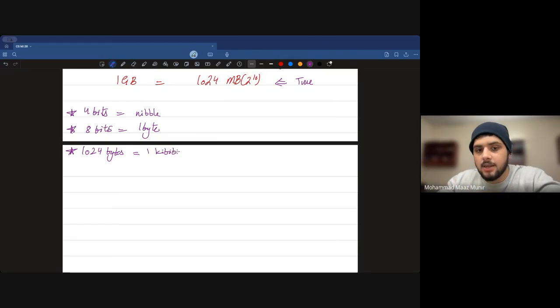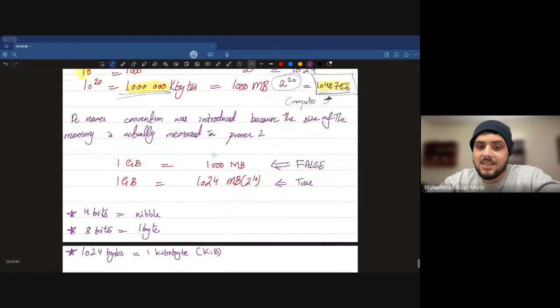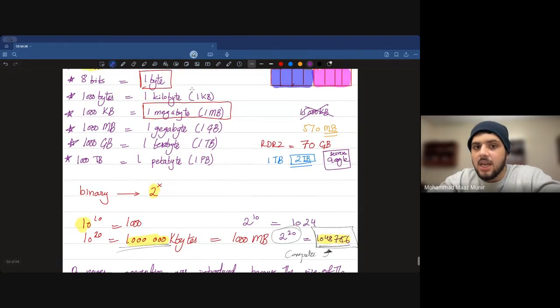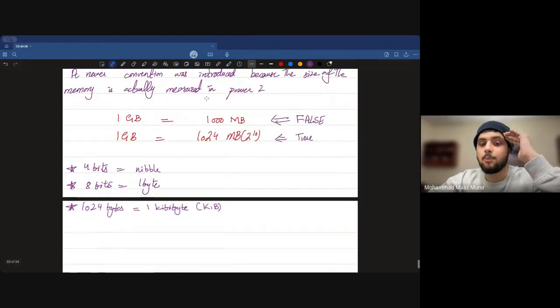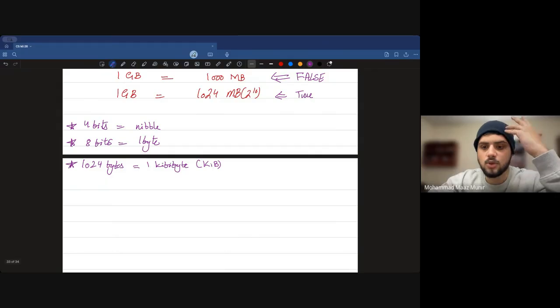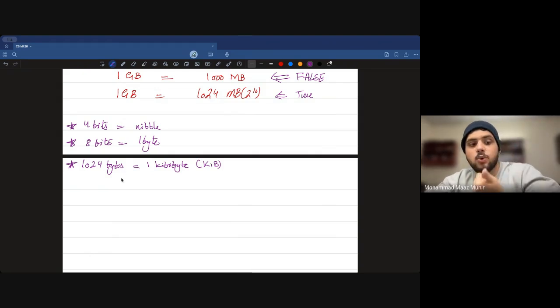Rather than kilobyte, it's now kibibyte, and in notation it's written KiB rather than the actual KB. In computer science, it's important that you know this notation. Even if your software writes KB, you should know that your memory basically operates in KiB form. So 1024 bytes result in 1 kibibyte.